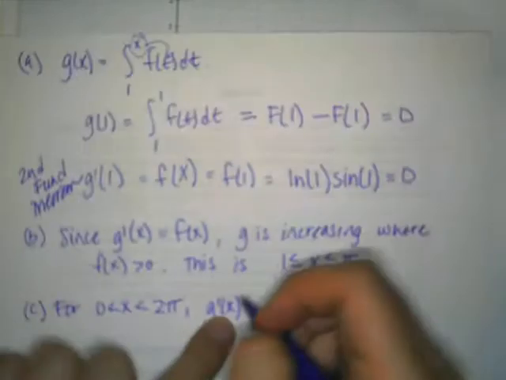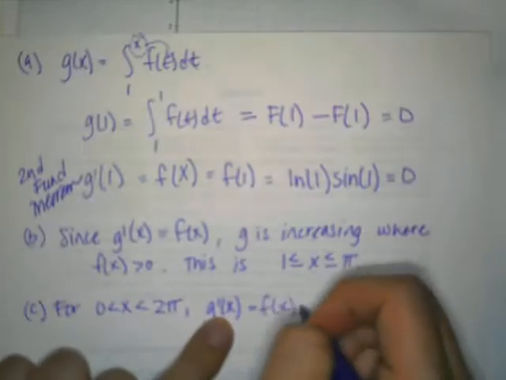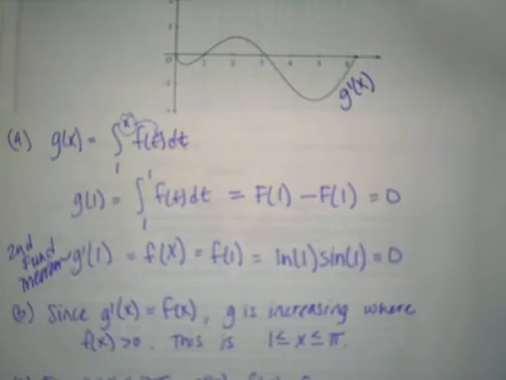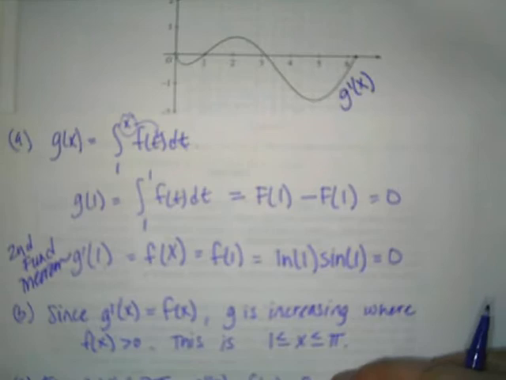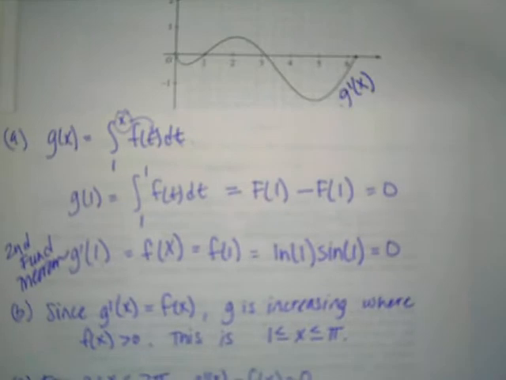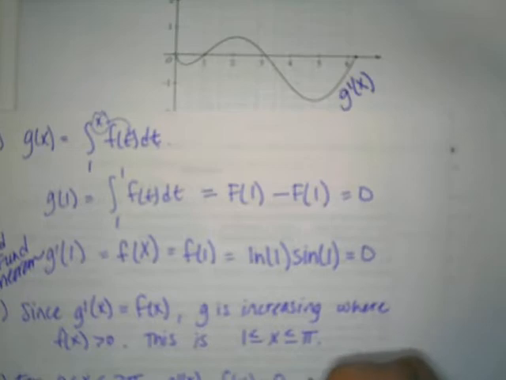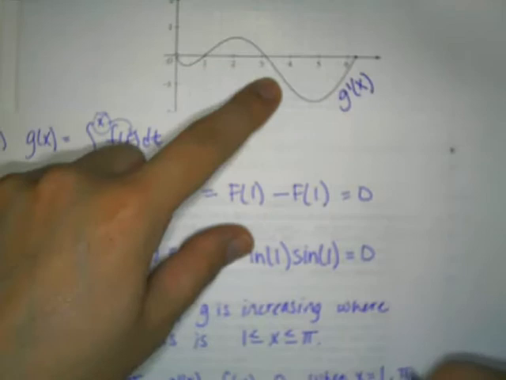So g prime is equal to f of x, which is this function, so they're all kind of equal. And the reason I have to state this is because I'm going to use this to find the points where there's possible maxes or mins. So it equals 0 when x equals 1, pi, and 2 pi.